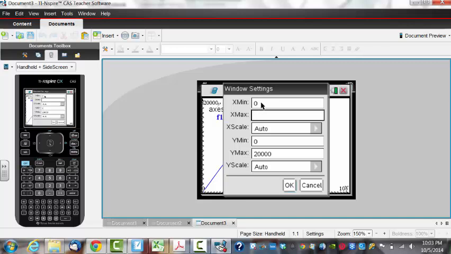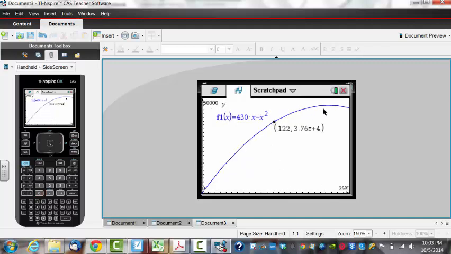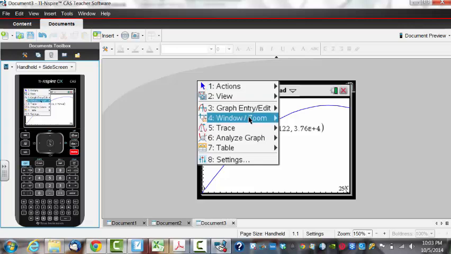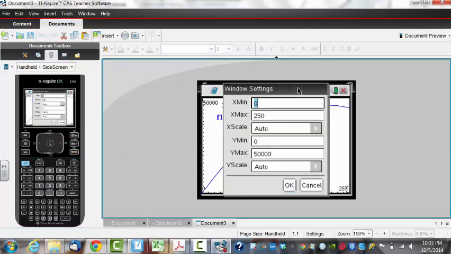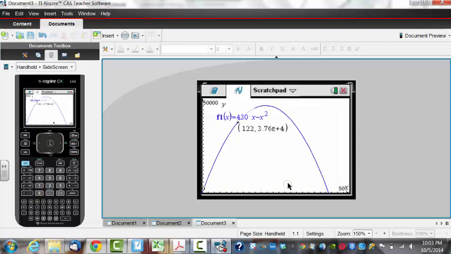Let's try 250, and the Y max, let's try 50,000. And that's pretty good, but we need a bigger domain. So let's go to Windows Settings, and let's go ahead and do 500. Okay, and here's our nice parabola.